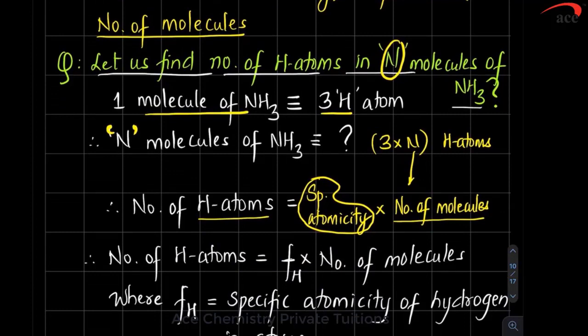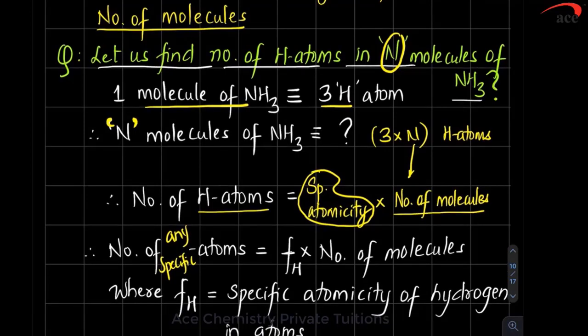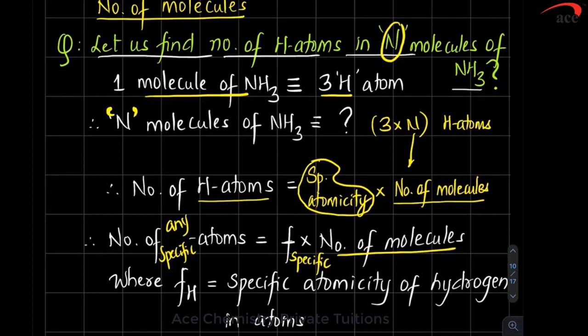In general, whenever you want to find out the number of any specific atoms, write down the specific atomicity and multiply by the number of molecules.